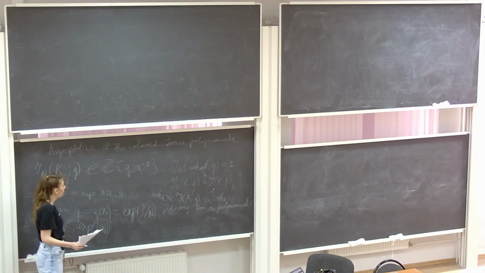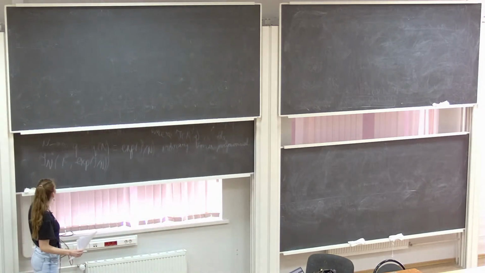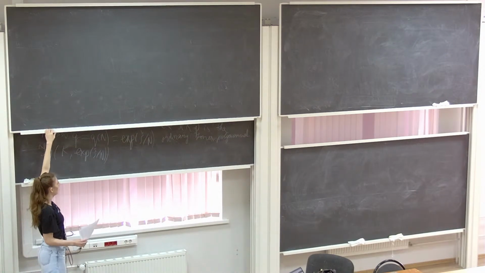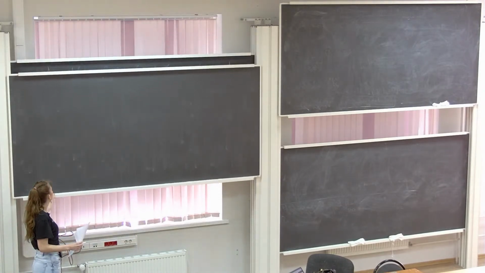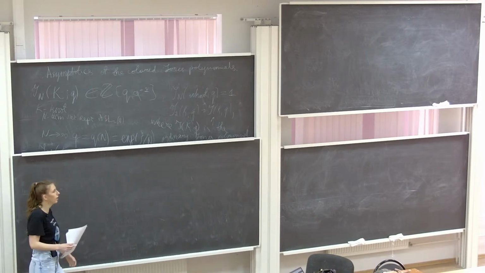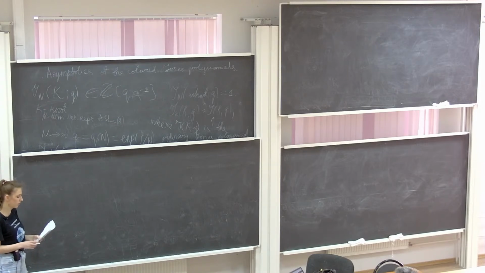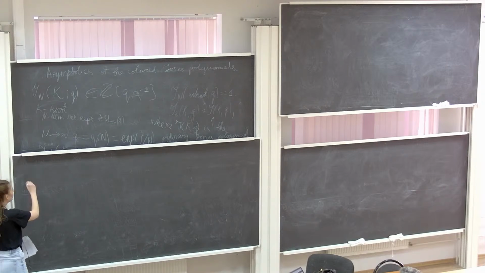So now I'm going to write some conjectures about the behavior of such things. They are not proven, but they can be checked for some simple knots. And today I'm going to tell something about the figure-eight knot.